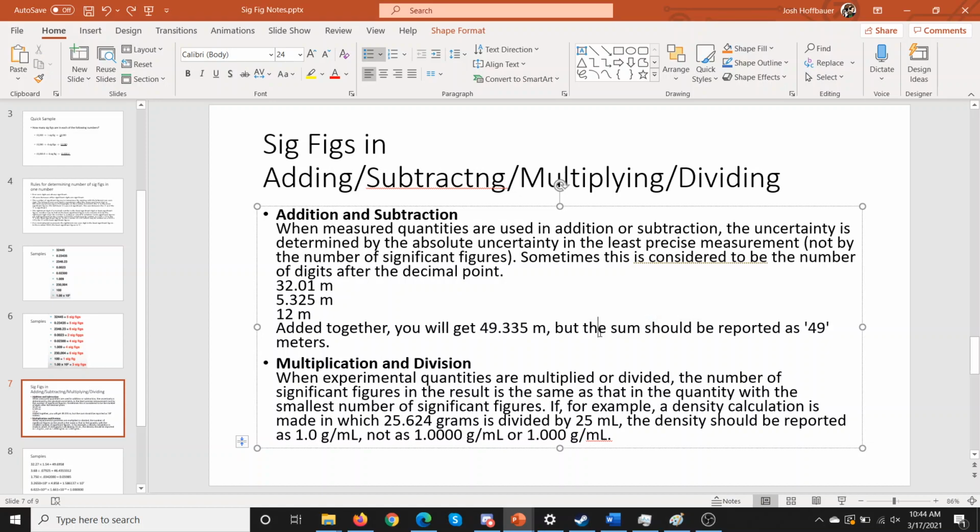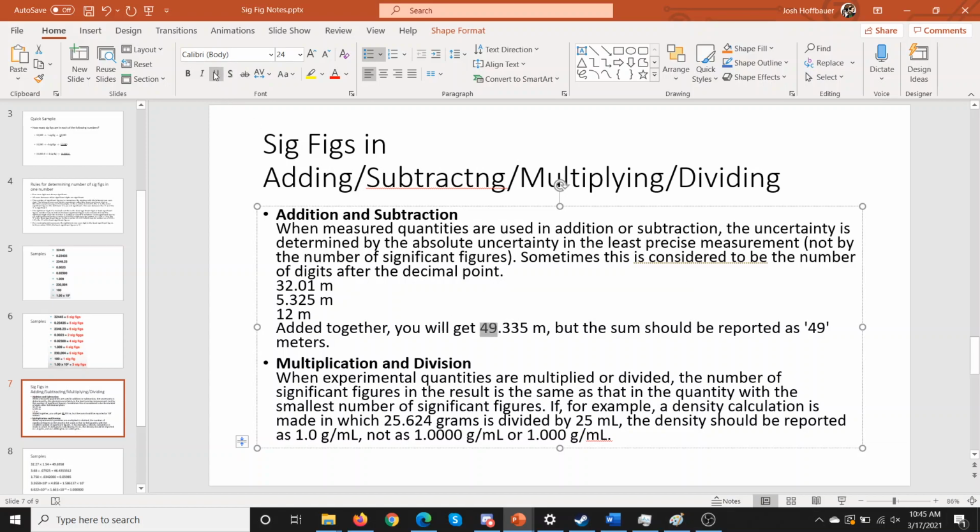What one might do if you want to write the full number and then indicate how many of its digits are significant, I like to underline the digits that are significant, or occasionally overline them. I just can't do that in PowerPoint. As long as you put a line under or above the significant digits, that indicates which ones are significant, and you can add the rest still if you just want to show them for your own notes.